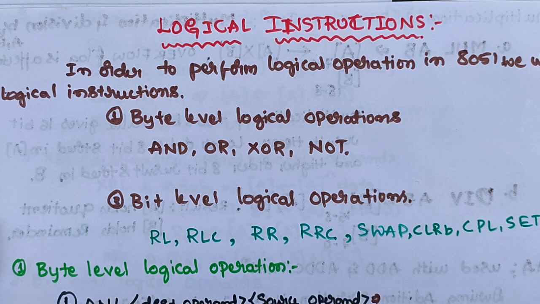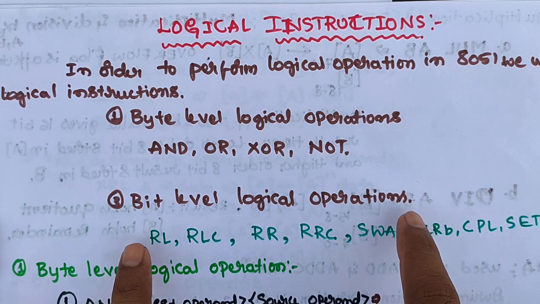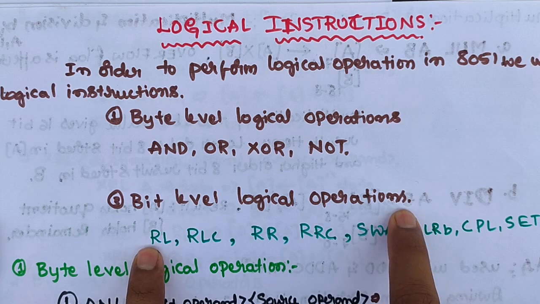In byte level logical instructions we manipulate bytes, and in bit level instructions we manipulate bit level data. In byte level logical instructions we do AND, OR, XOR and NOT operations, and these bit level manipulations are also called Boolean operators.